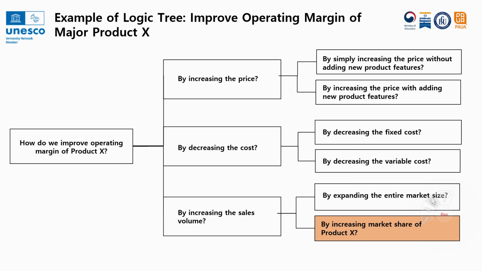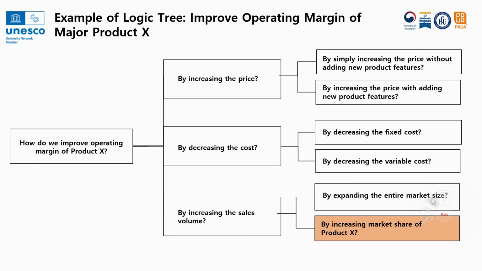So in that situation, expanding the entire market size is not a feasible option. So we can simply get rid of this option, and we can focus our analysis on the option of increasing market share of product X.